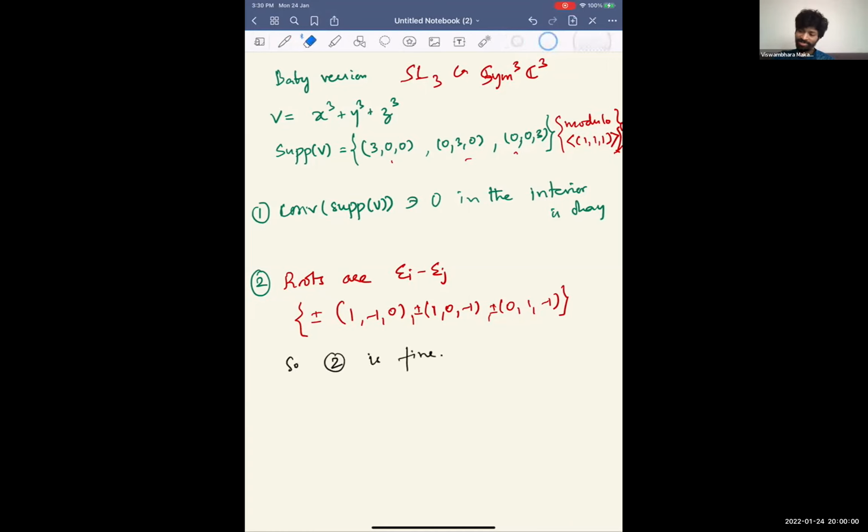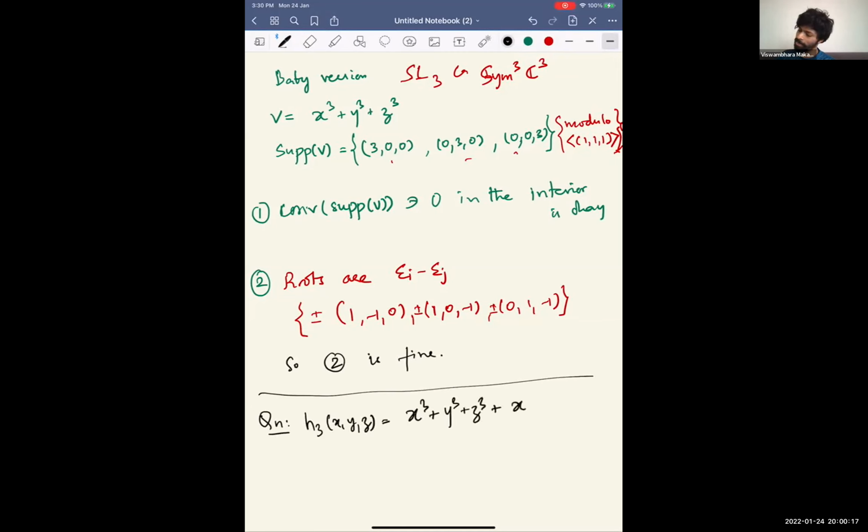But then I can ask you slightly more difficult questions, and this is something that I will answer for you in the next talk. Here's a question. For the same action, consider the complete homogeneous symmetric polynomial. I take x cubed plus y cubed plus z cubed plus x squared y plus x y squared plus x z squared plus x squared z plus y squared z plus y z squared plus x y z.